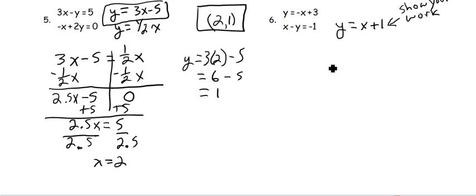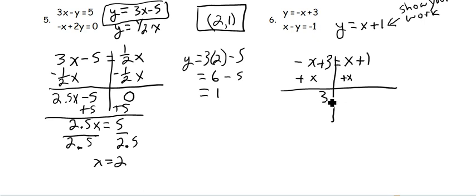All right, number 6, I have negative x plus 3 equals x plus 1. Now watch this. Negative x is less than x, so I'm going to move this one. Plus x, plus x.